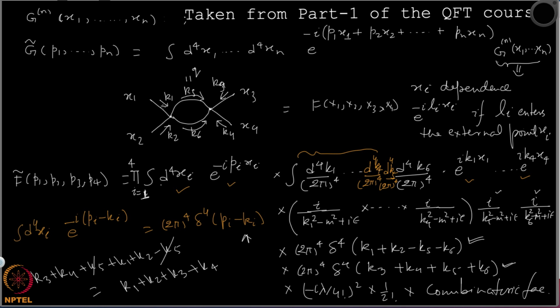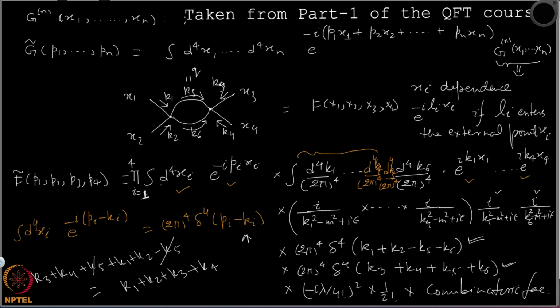So here minus k1 is entering into x1, so that's why you have e to the plus i k1 x1, okay, because the sign gets reversed. And then you have propagators, then a momentum conserving delta function at each vertex, and then all these factors.